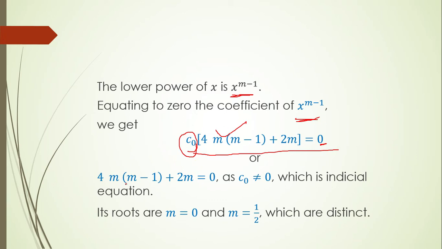So 4m(m minus 1) plus 2m is equal to 0, which is the indicial equation. We can find the roots m = 0 and m = 1/2, which are distinct.